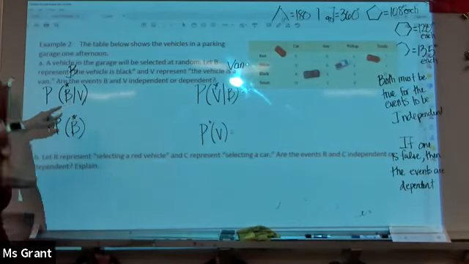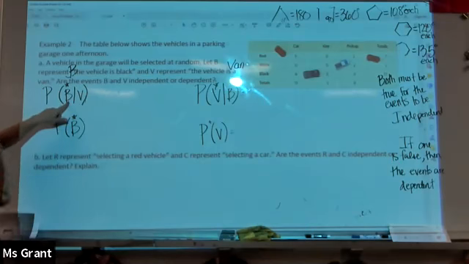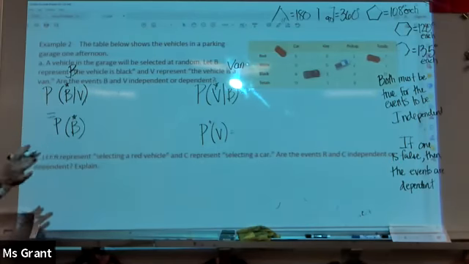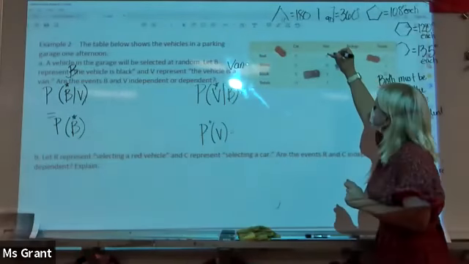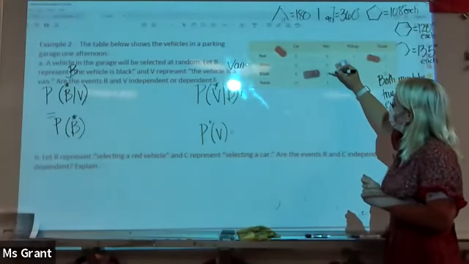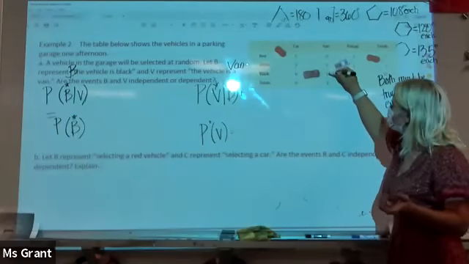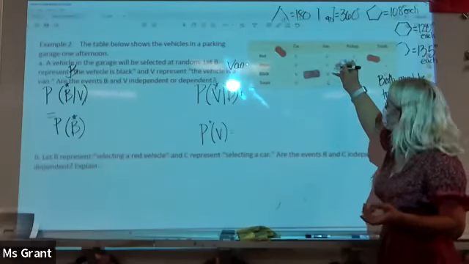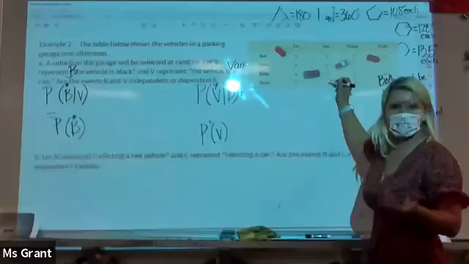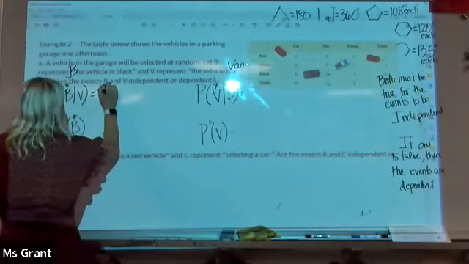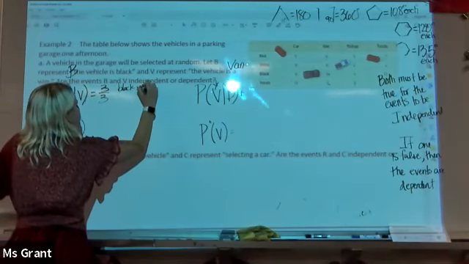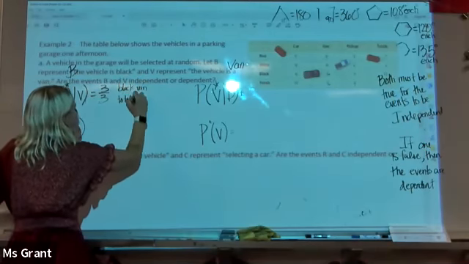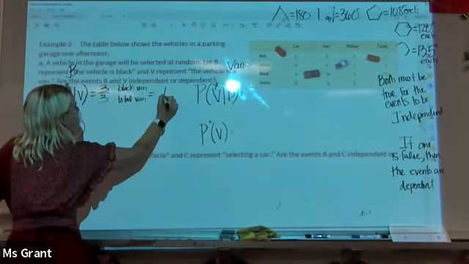Given a vehicle is black, but first it was a van, black vans, no red, no white, all black. 3 out of 3. Black van out of the total vans, in case you want to know how I'm getting what I'm getting. It's 1.